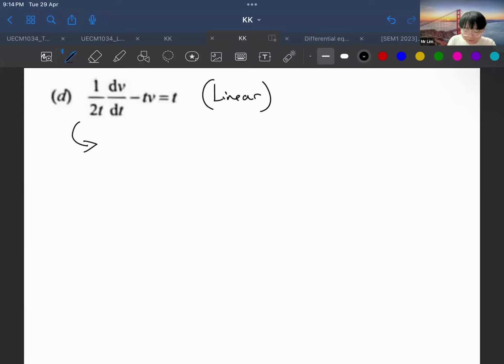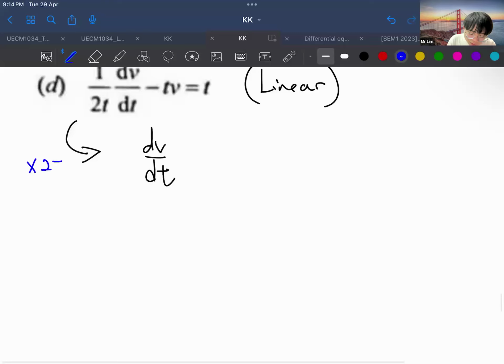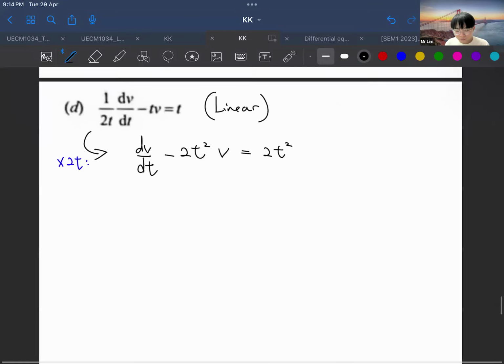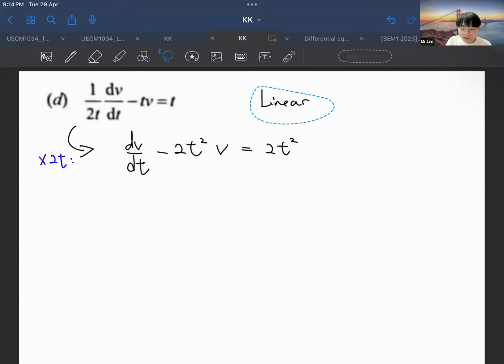Because you can rewrite dv dt, which means I multiply every term with 2t. So my 2t gets rid of already. This one, negative t multiplied by 2t, I get negative 2t squared v. t multiplied by 2t is also 2t squared. So the method one I'm going to show you is a linear method, linear differential equation or linear DE.